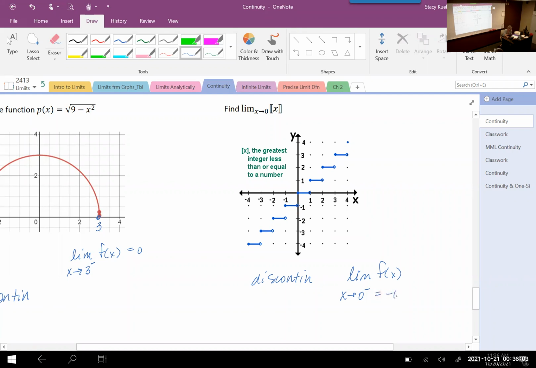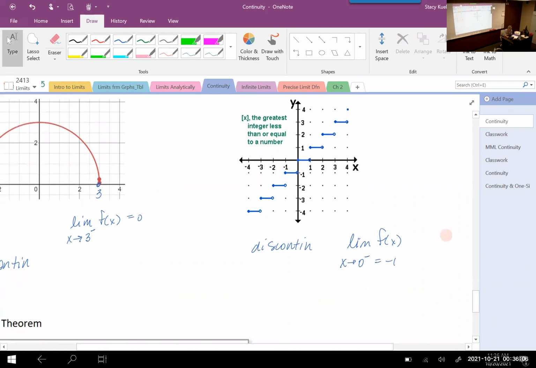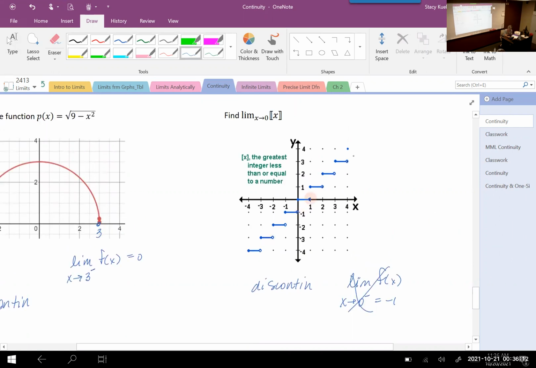Okay. Well, the one-sided limits are not the same anyway, so I'm not even going to go with that one. I'm going to say that it's discontinuous, because we've got these jumps in here anyway. The greatest integer function, that's what this is called.